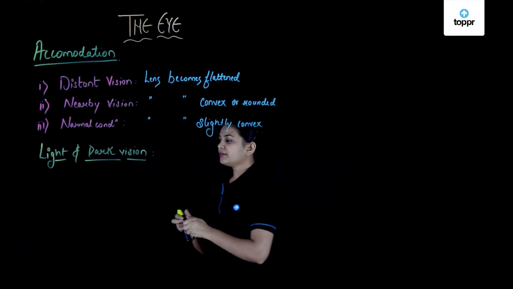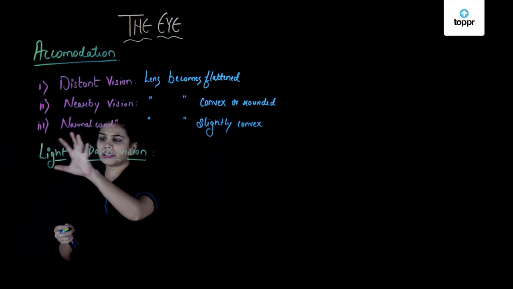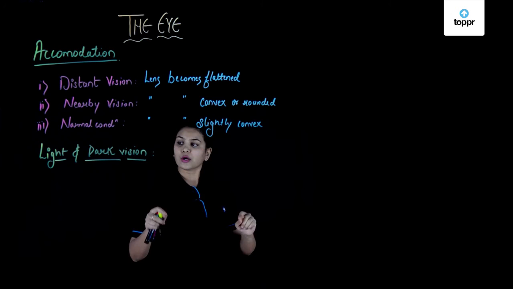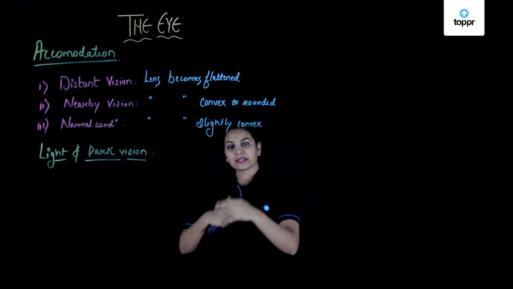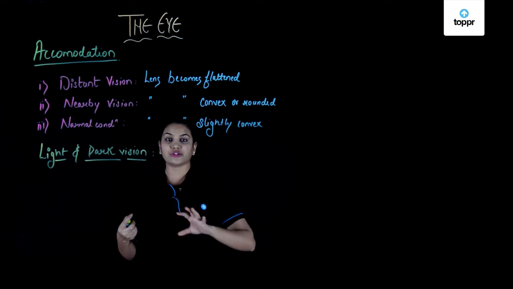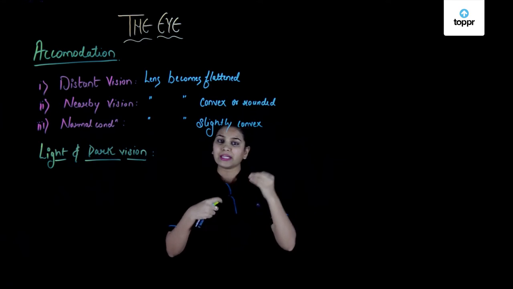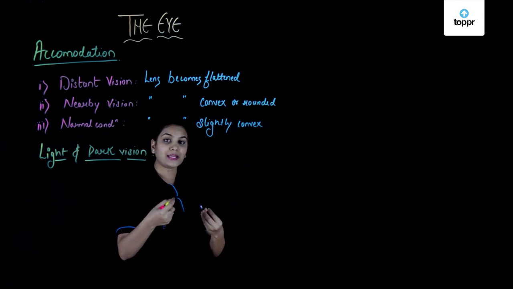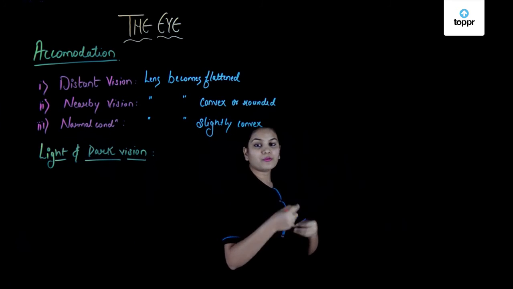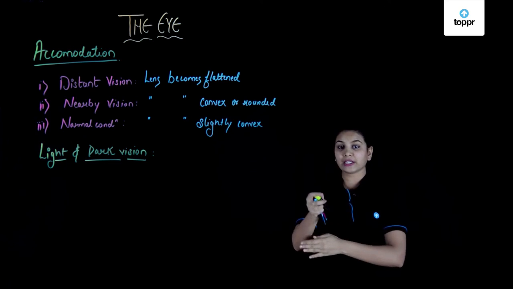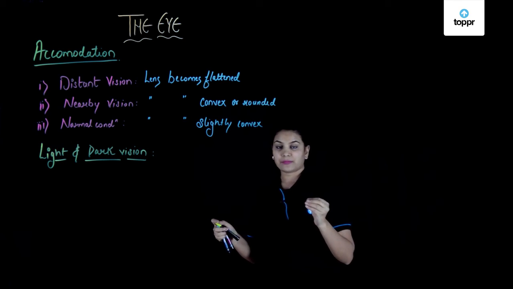For example, if we are in a light region where there is a sufficient amount of light, what happens to our eyes when we suddenly move to a darker region? For example, a cinema hall, or when we enter our home where the lights are off. From the sunlight, when we enter a room, what happens there?